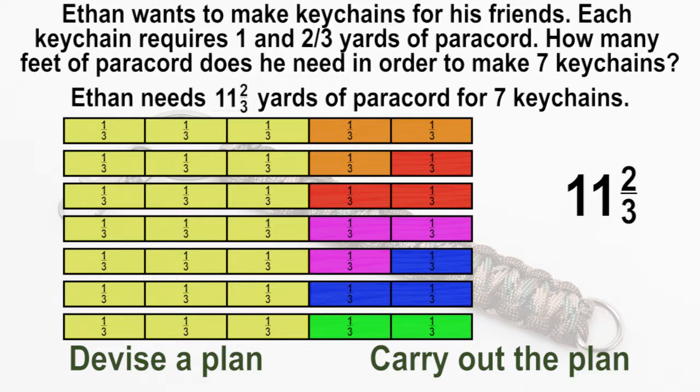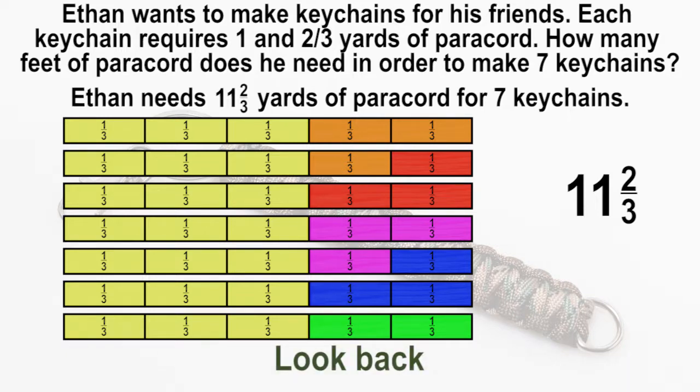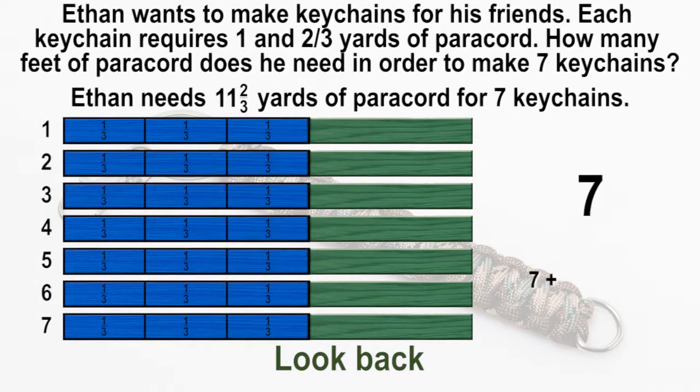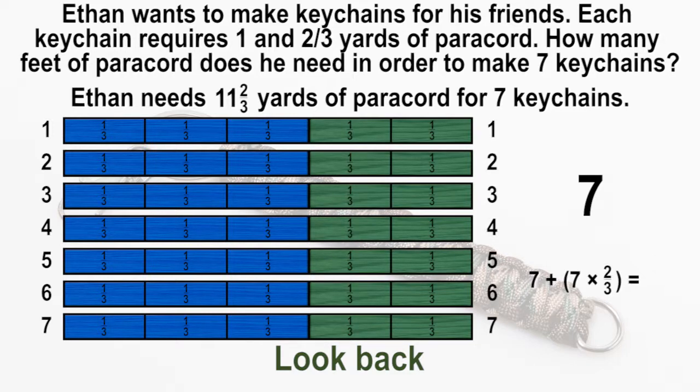Ethan will need 11 2/3 yards of paracord for 7 keychains. Looking back to make sure this makes sense, we can see the visual model for each 1 2/3 yards of paracord for the keychains. Adding 7 groups would make this 7 yards, plus the 7 groups of 2/3 yards, totaling 11 2/3 yards of paracord.